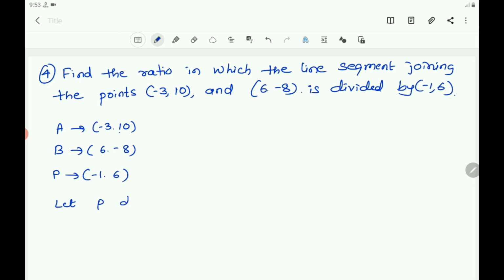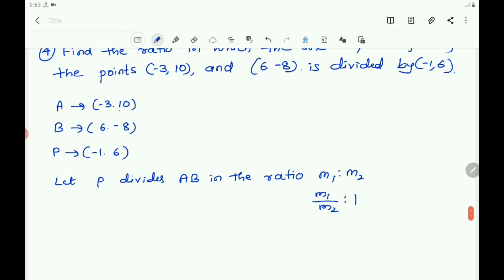Now let us assume P divides AB in the ratio M1 is to M2. You can take it as it is, or for convenience you can make it M1 by M2 is to 1.